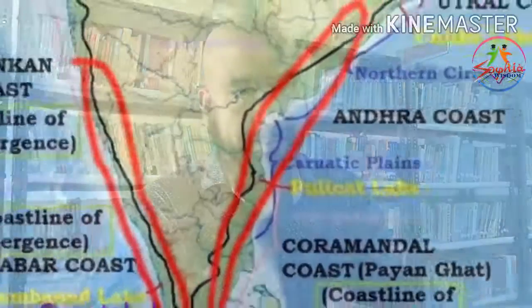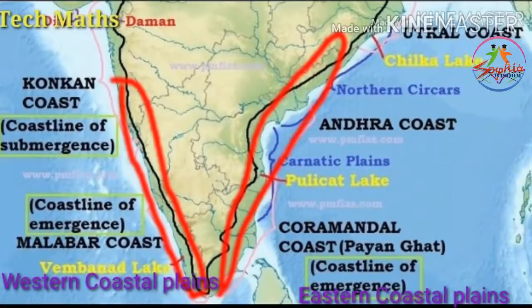You may also get a question regarding the differences between the Western coastal plain and the Eastern coastal plain. As I said, on one side we have the Western coastal plain alongside the Western Ghats, and on the other side we have the Eastern coastal plain alongside the Eastern Ghats.